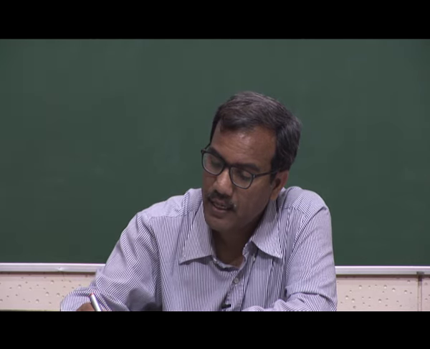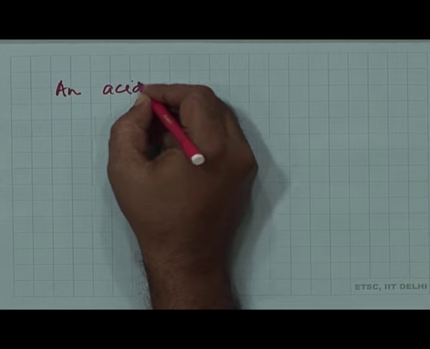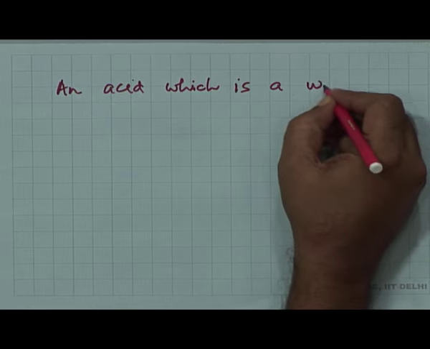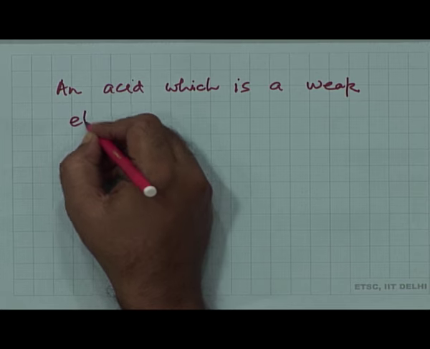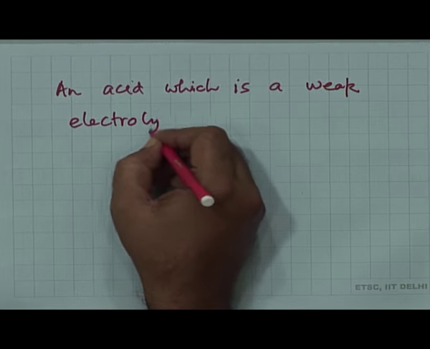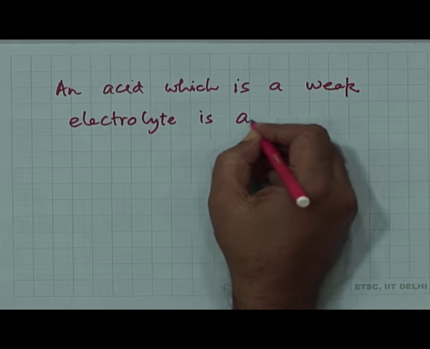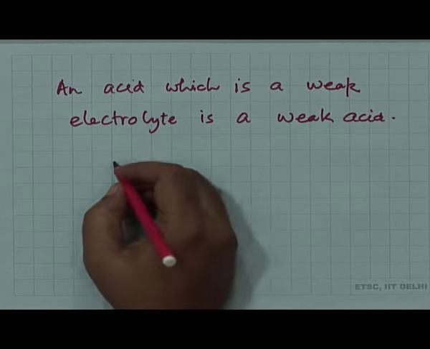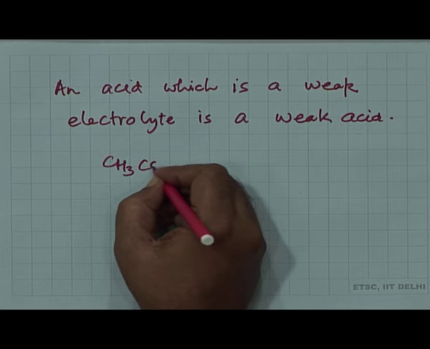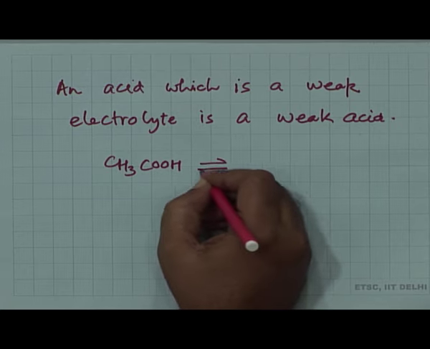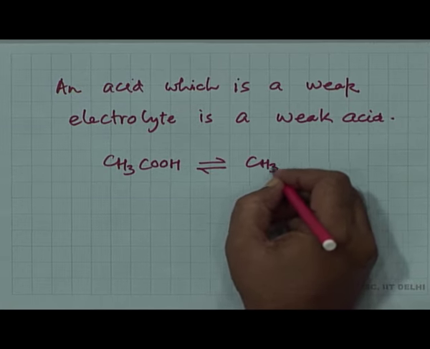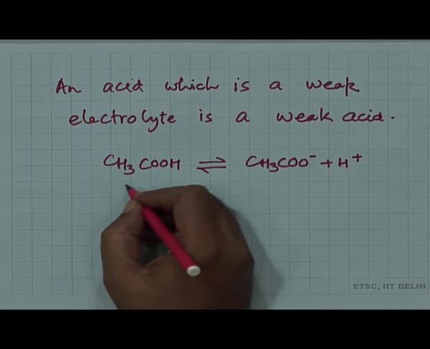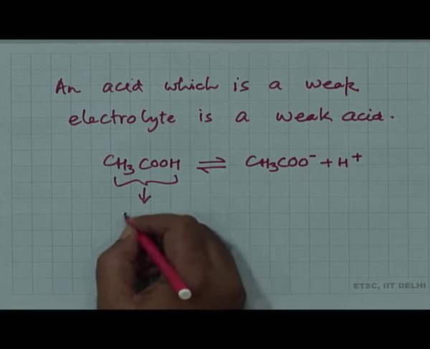Whereas an acid which is a weak electrolyte is a weak acid. For example, if you take acetic acid, it dissociates to give CH3COO minus plus H plus. This is a weak electrolyte.